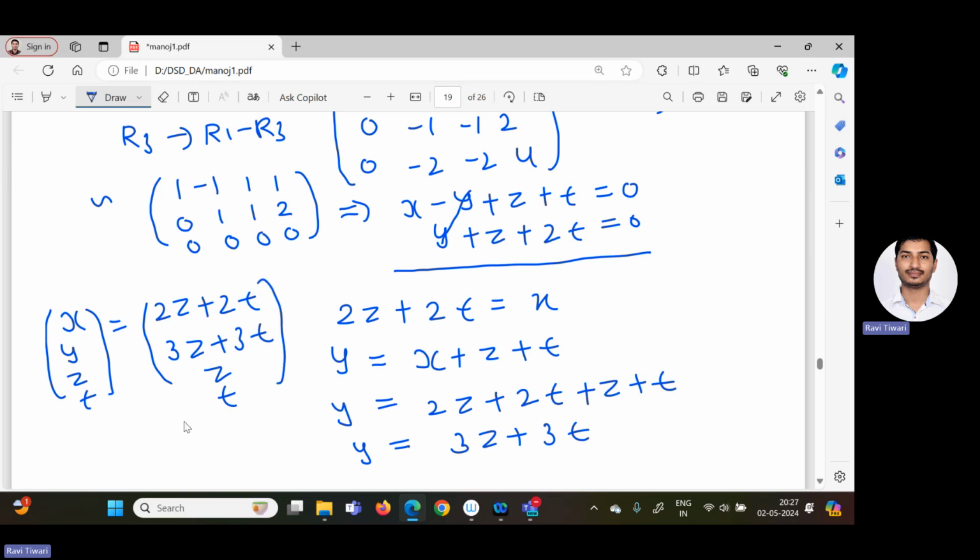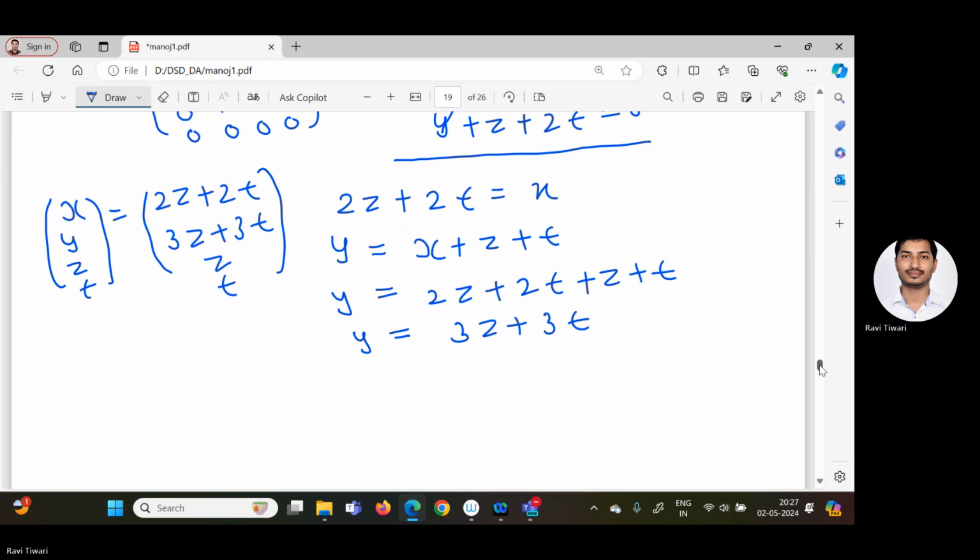So now z and t we can separate. If you separate z, what can you write in the bracket? 2 and 3, and here 1 and 0, plus t. For t, what can you write? 2, 3, and 0 and 1.